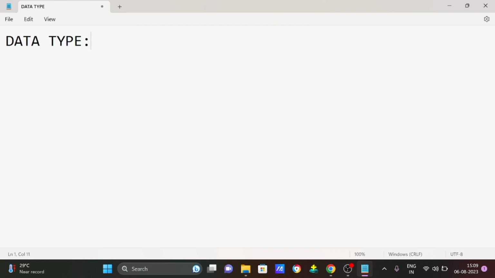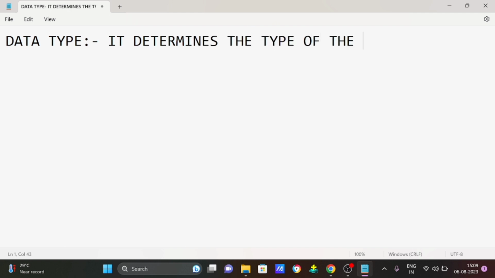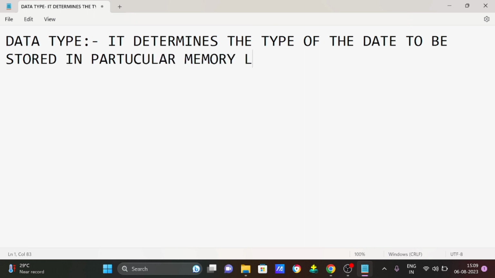The general definition of a data type is that it determines the type of the data to be stored in a particular memory location.